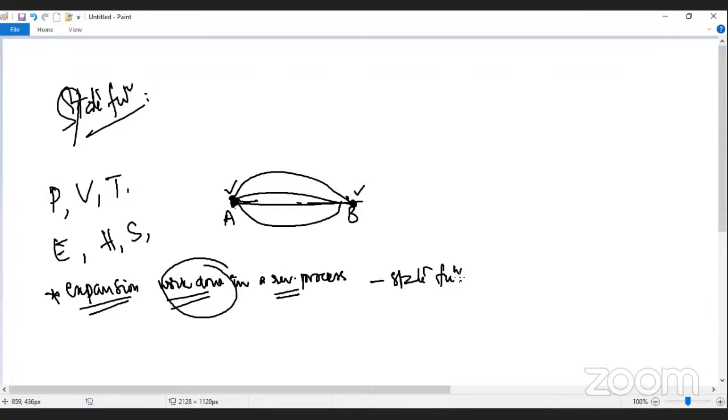Next, path function. Path function: the property in which the change in property depends on the path, how the final state is reached from the initial state.